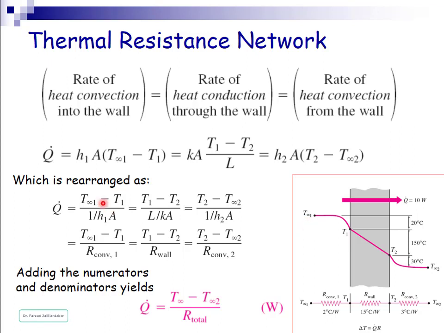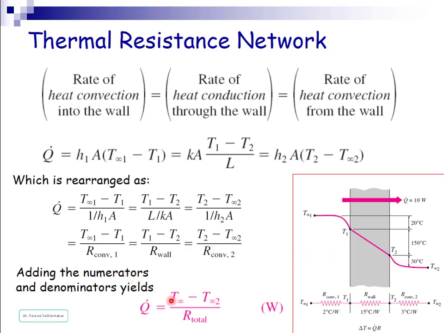Then by rearranging this equation, we can have this equation: the temperature difference divided by these terms. According to previous sessions or slides, you know that this term here is equal to the convection thermal resistance. This term is equal to the conduction thermal resistance, and this term is equal to the convection thermal resistance for the right side of the wall.